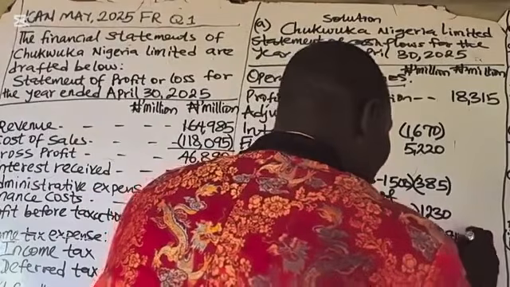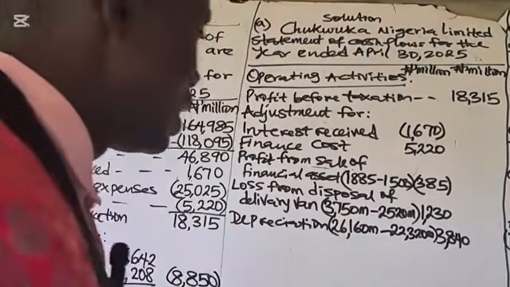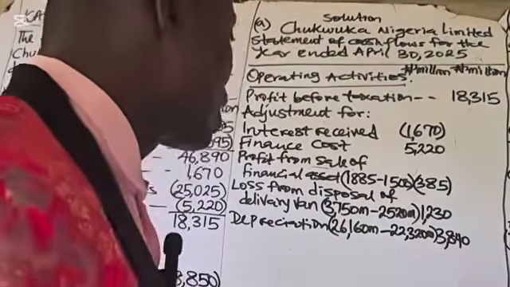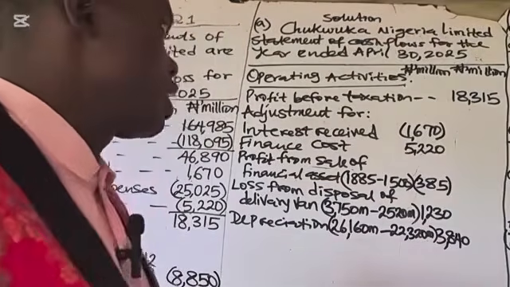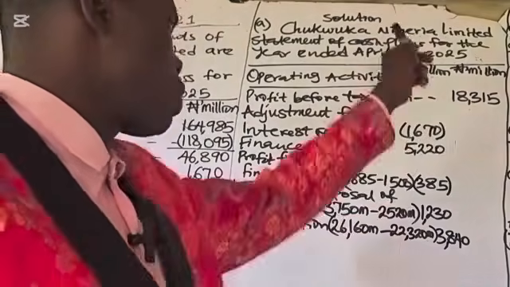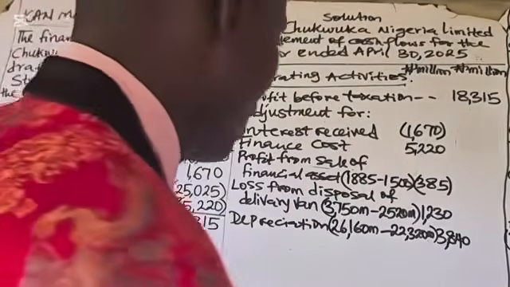That is the depreciation charge expensed in the statement of profit or loss, and it will have led to a reduction in the profit before tax. So that is why we are adding it back. It's not a cash flow.